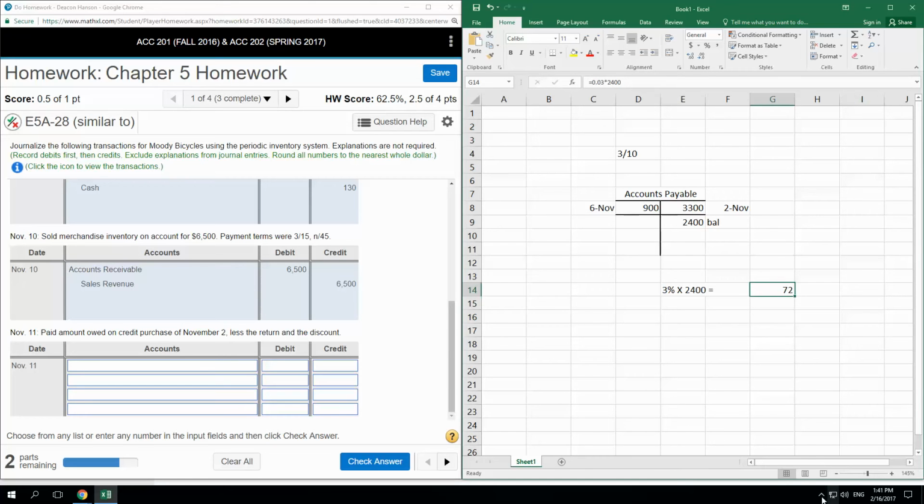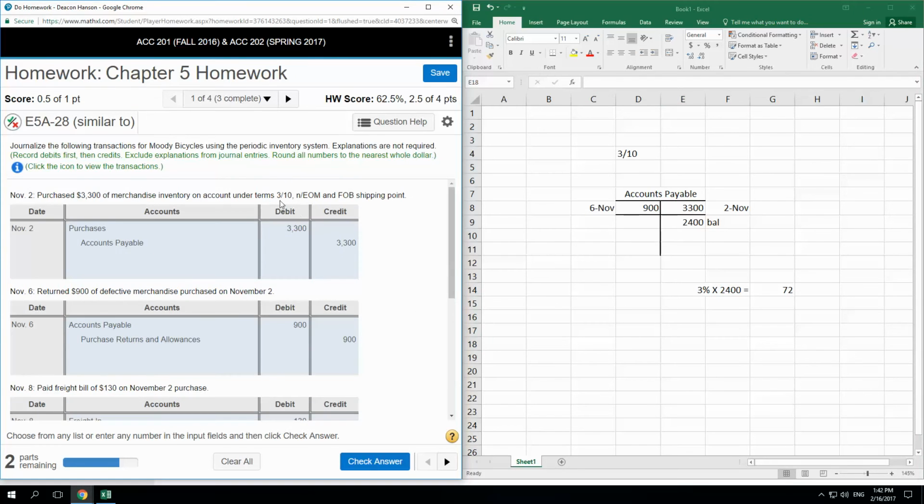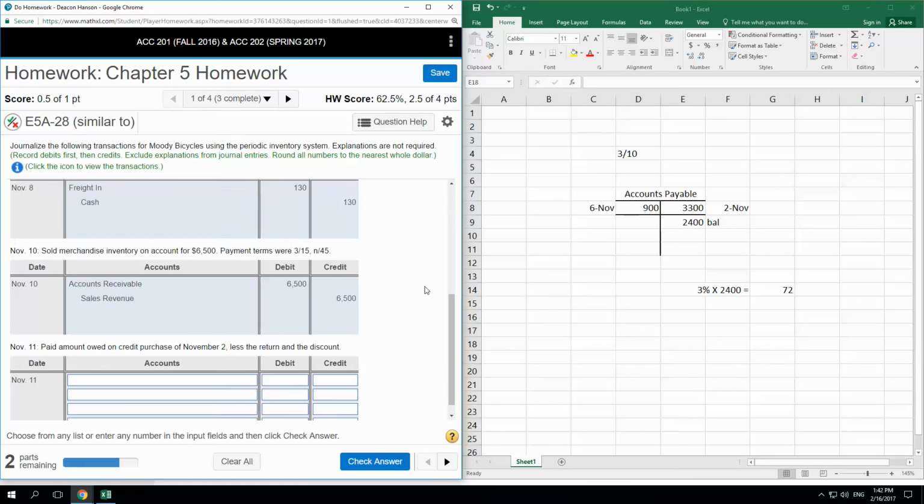Am I losing anyone on this? Be honest if you don't understand these credit terms. When you go 3/10, that means 3% discount if paid in 10 days. And in this case, they say the total, which is N, is due by the end of the month. EOM is end of the month, okay?